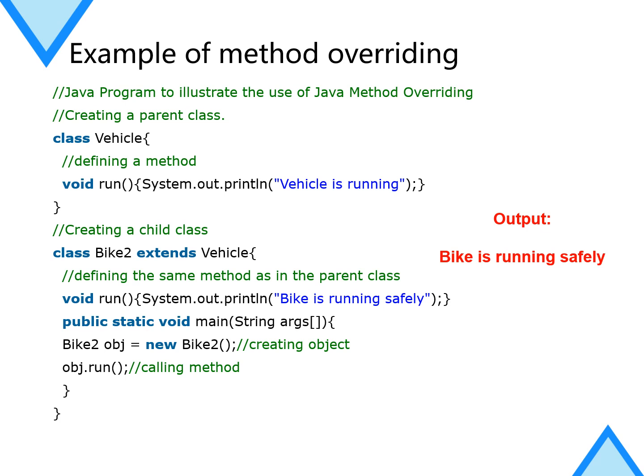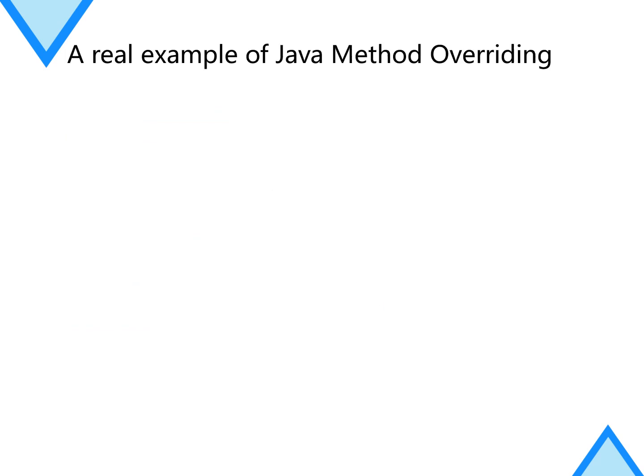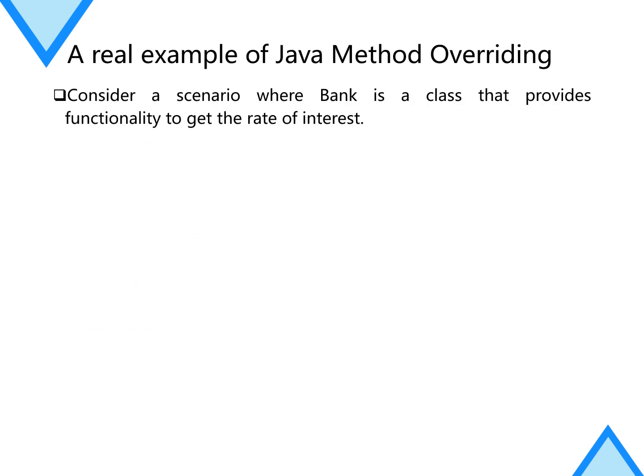And if we want to run the method of the parent class, then we already know we have to use the super keyword. If we use super.run, we will also receive the message "Vehicle is running."